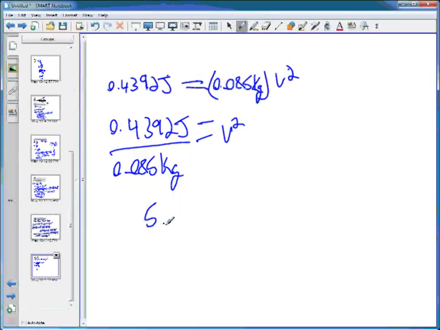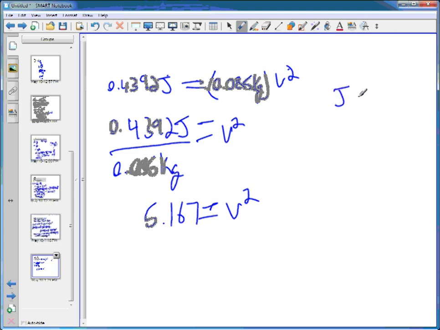5.167. We'll just keep four significant figures for now, so we know we have enough, and we'll round off at the very end. Equals v squared. Now, what are the units here though? Joules per kilogram. Okay, well, let's see. A joule per kilogram is equal to a Newton meter per kilogram.